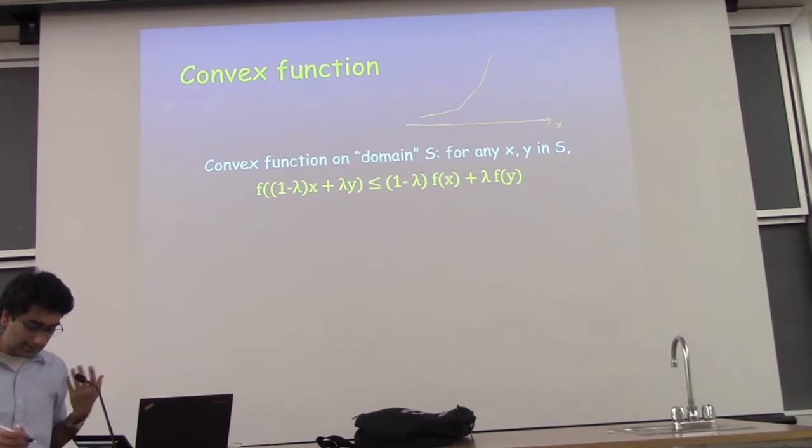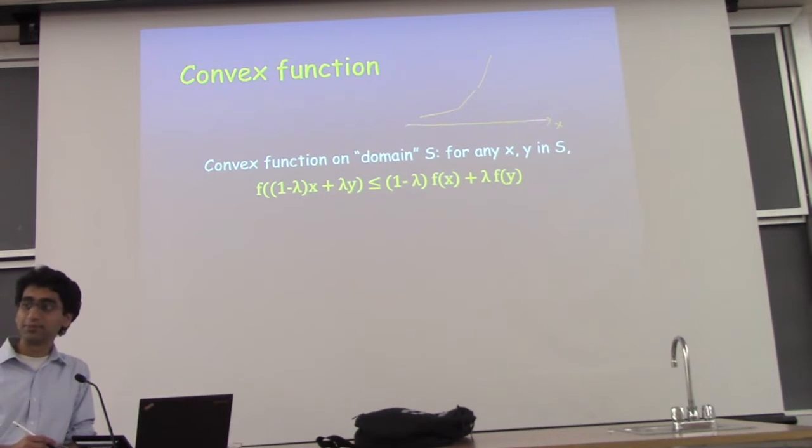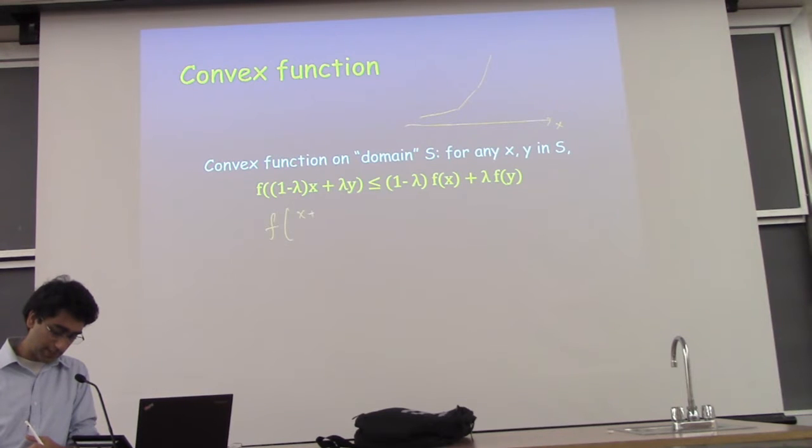This looks abstract, but one easy way to think about it is to set lambda equal to half: f of (x plus y)/2 is smaller than or equal to (f of x plus f of y)/2.